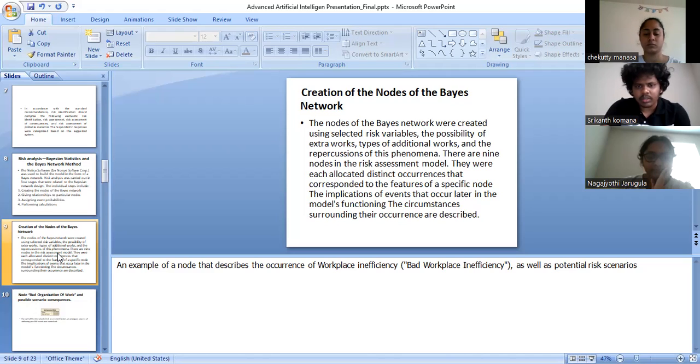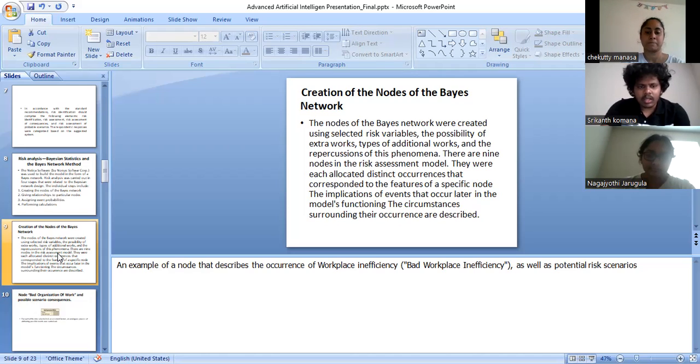They were each allocated distinct occurrences that corresponded to the features of the specific node. The implications of events that occur later in the model's functioning, and the circumstances surrounding their occurrence, are described.